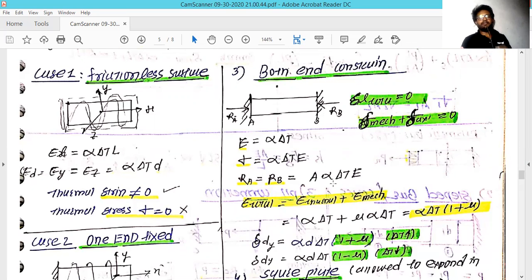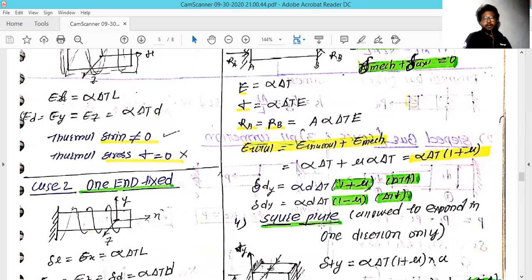Now, if you have the value of thermal stress, you can multiply it with the area, and you will get the values of RA and RB. In this condition, RA and RB are negative. We assume them as negative, though it is not mentioned in the PPT, but they are compressive forces. In this way, you can find out RA and RB.